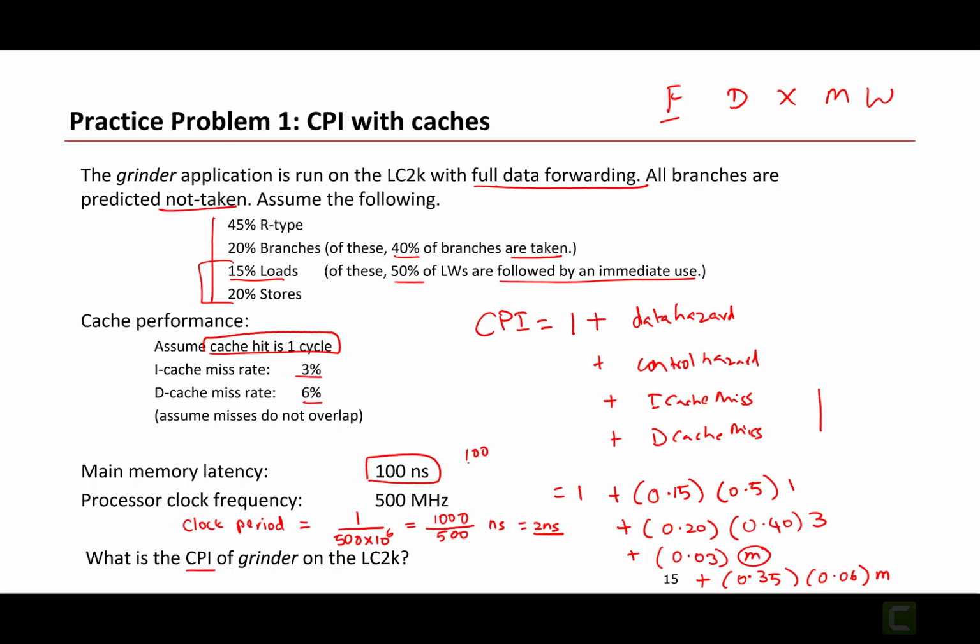That will be 100 nanoseconds divided by 2 nanoseconds, which is 50 cycles. So the main memory latency is 50 cycles. That's what we had used as m here, so the m value is 50 cycles. I can plug that 50 in there, so instead of m, it would be 50. And once you compute this equation, you would have figured out what your CPI value is.